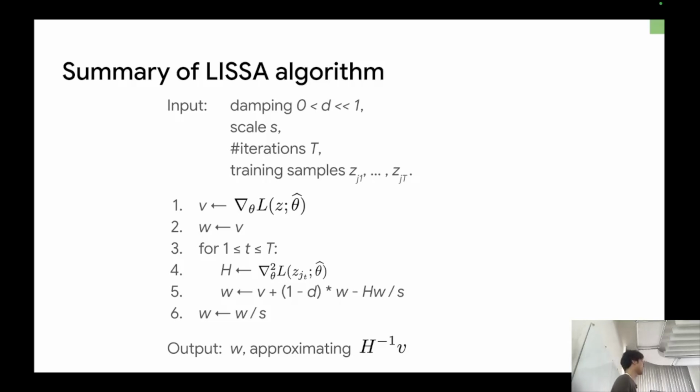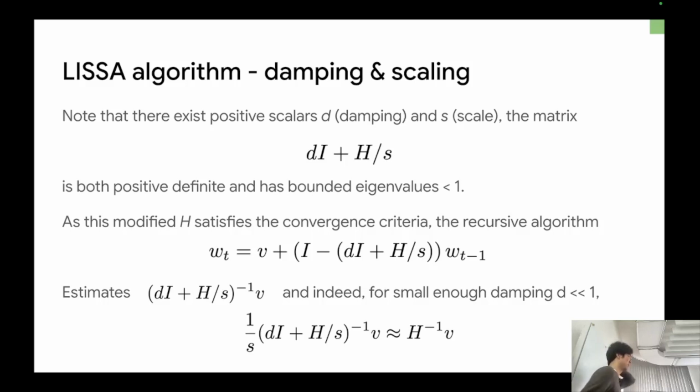And what exactly does damping do? That's a good question. I almost missed that point. The assumption here is that H is invertible, but in practice, especially with deep neural networks, this is not guaranteed because you may end up with a saddle point and so on. In that case, you will have negative eigenvalues.